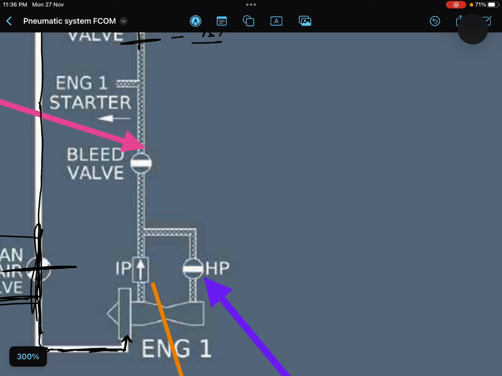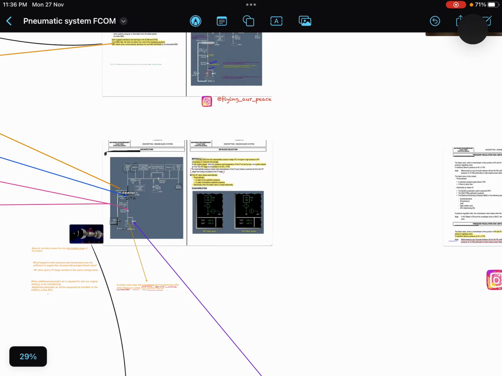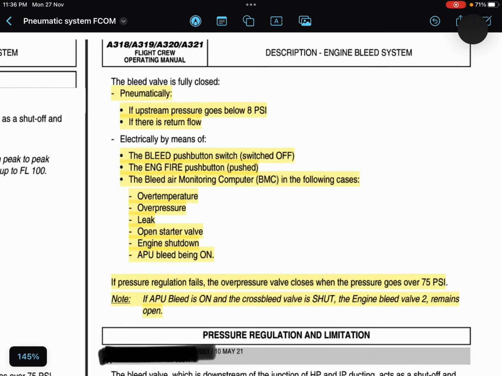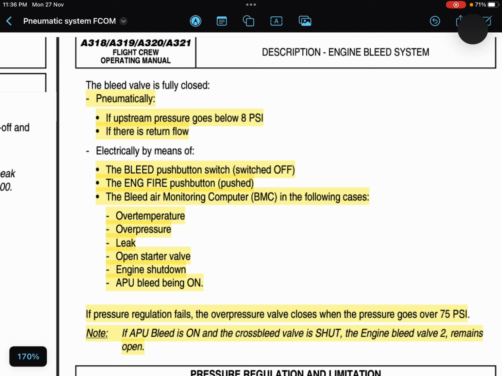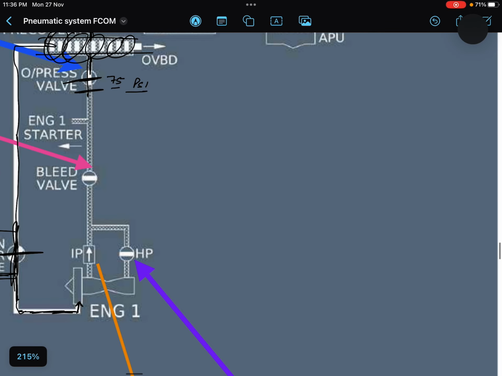So I will try to make it easy for you. And where these closure conditions are written, let me show you first. Then either you can pause the video and read it, number one. If you want me to explain it, then I will just try to draw it for you.